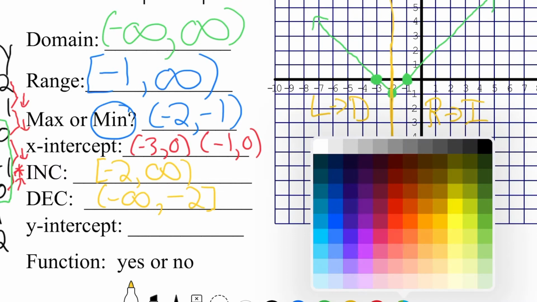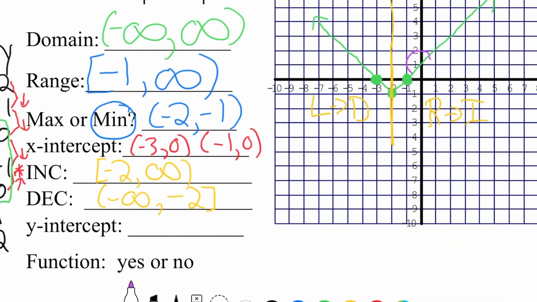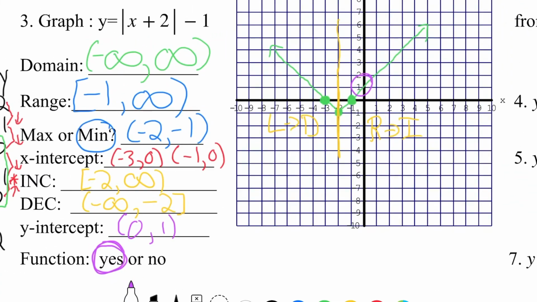Y-intercept, we can see very clearly that is at (0, 1). And then if we dragged our pencil across, the graph would only intersect our pencil only once. So it is a function. And that is for number 3.